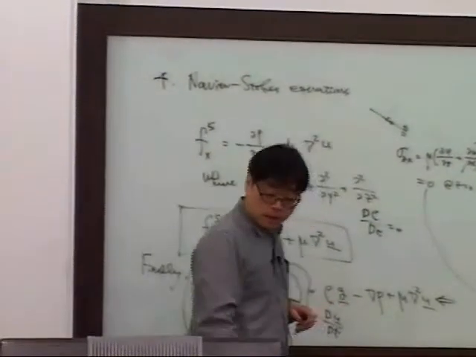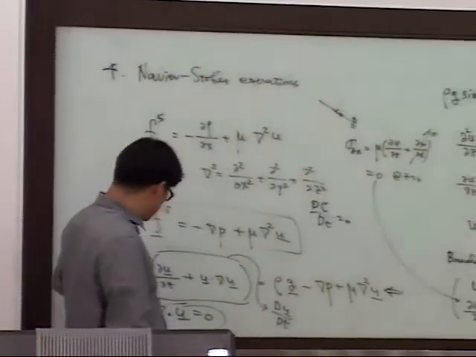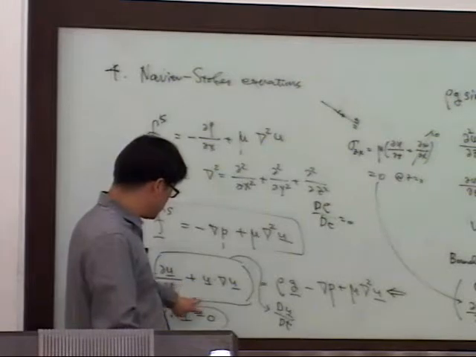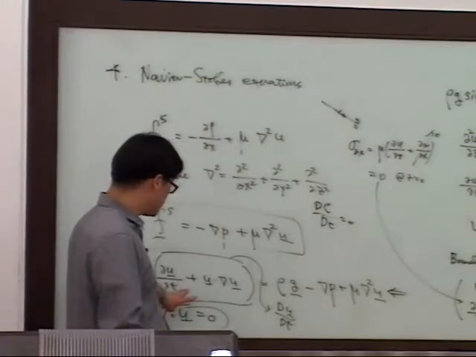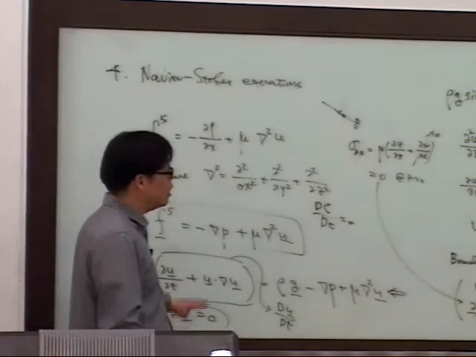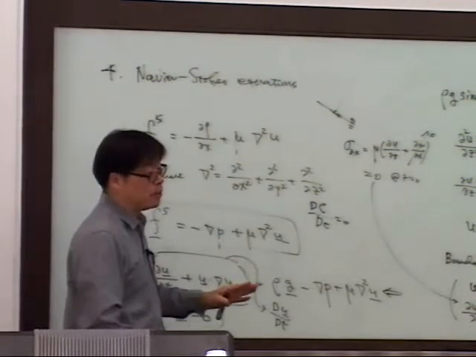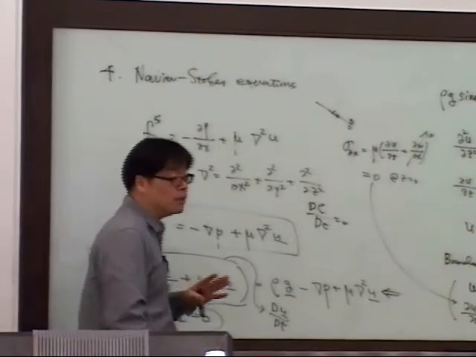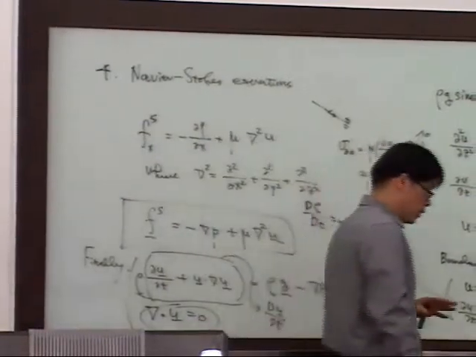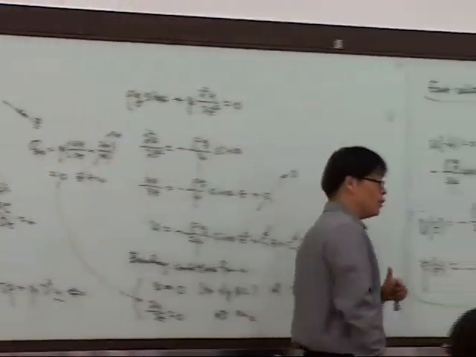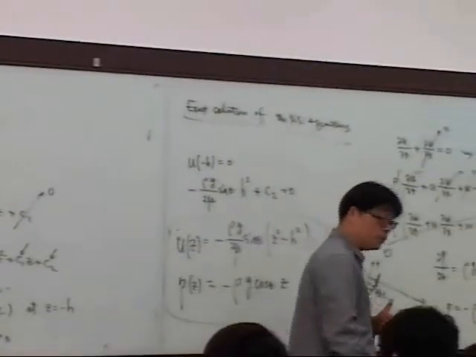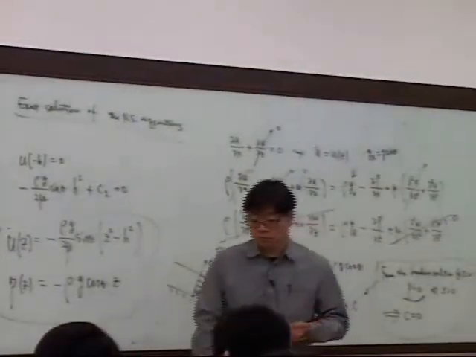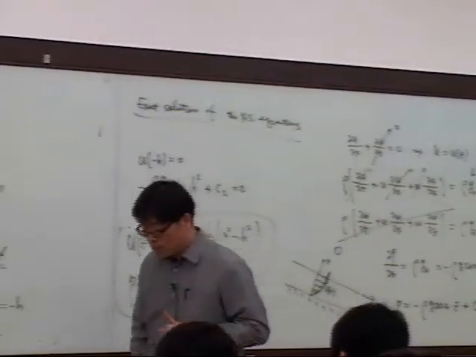Now, we solved this set of equations, the Navier-Stokes equation and continuity equation, for a very simple example. To solve this system, we imposed a number of assumptions. We said the flow is steady, which is a big assumption. In reality, flow cannot really be steady.